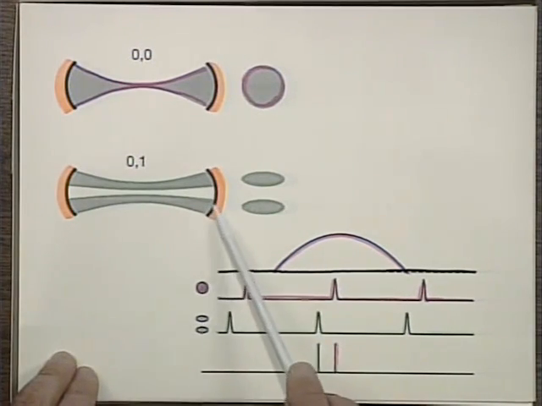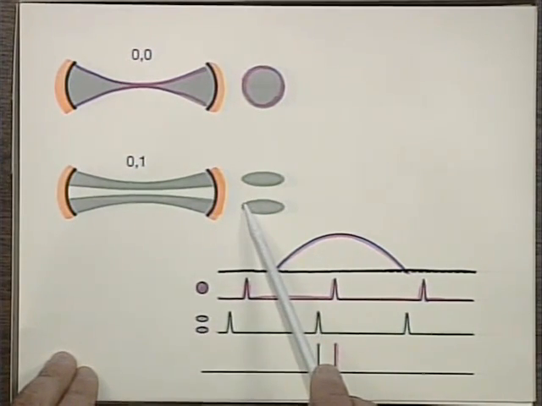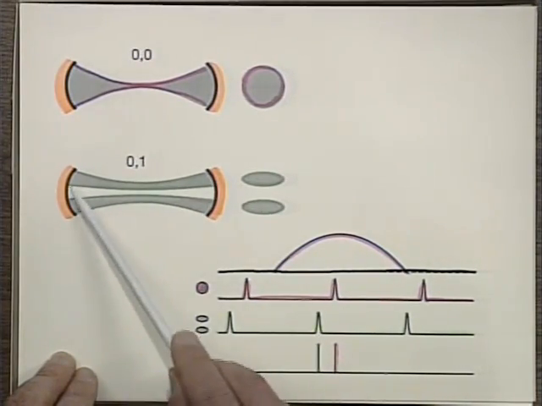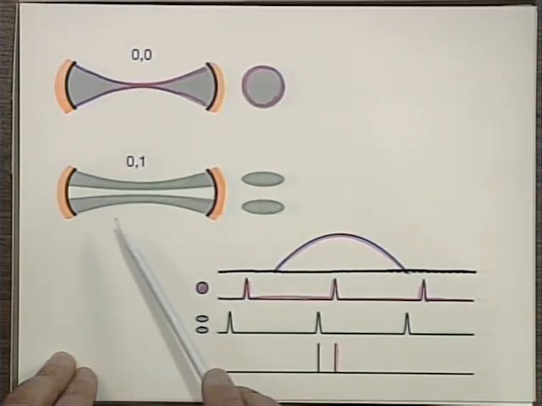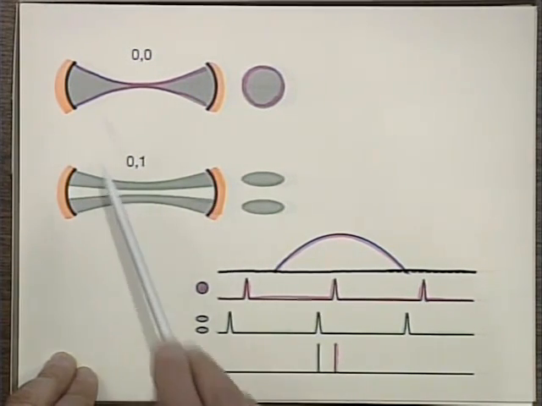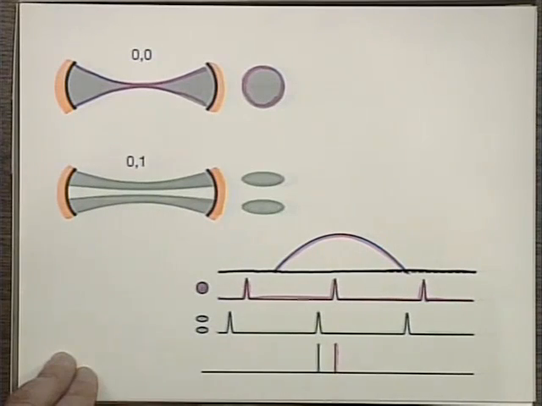Now, when this other mode oscillates, because it satisfies the boundary condition just like this one, but has essentially a hole in the middle, so it's two spots, this particular mode does not have the exact optical length of the other for its cavity.